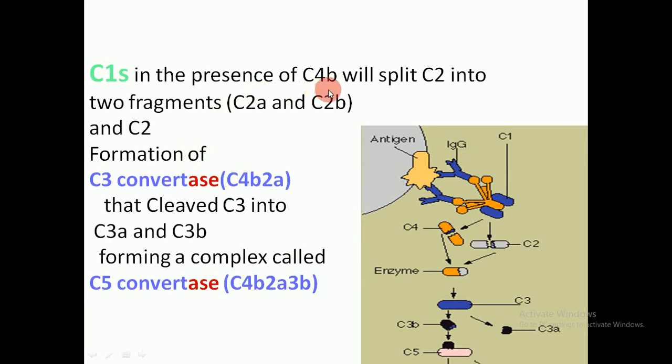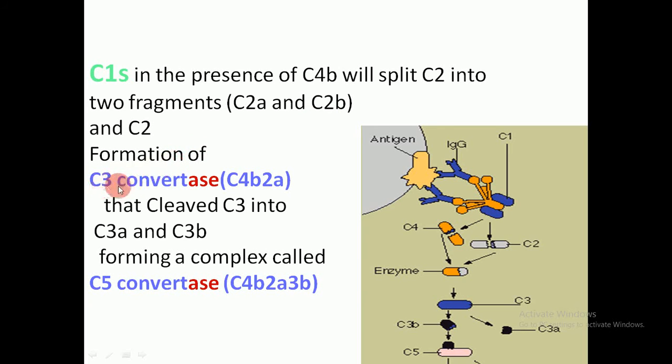C1s in the presence of C4b will also split C2 into two fragments, C2a and C2b. So C4 is cleaved, and C2 is also cleaved into C2a and C2b.